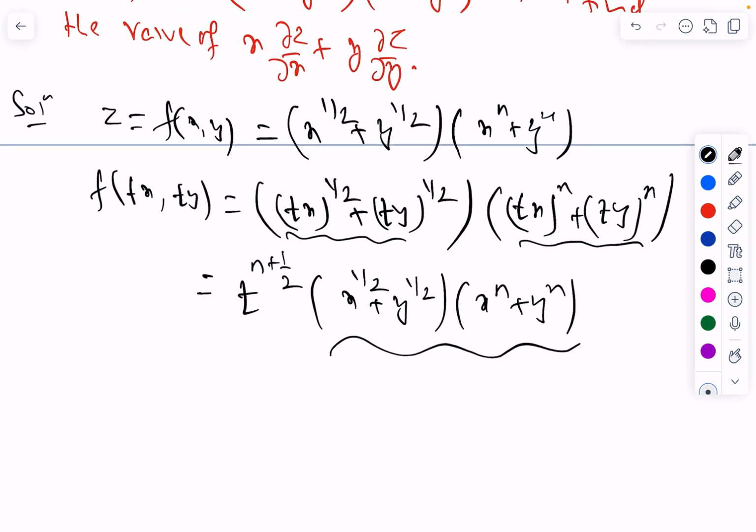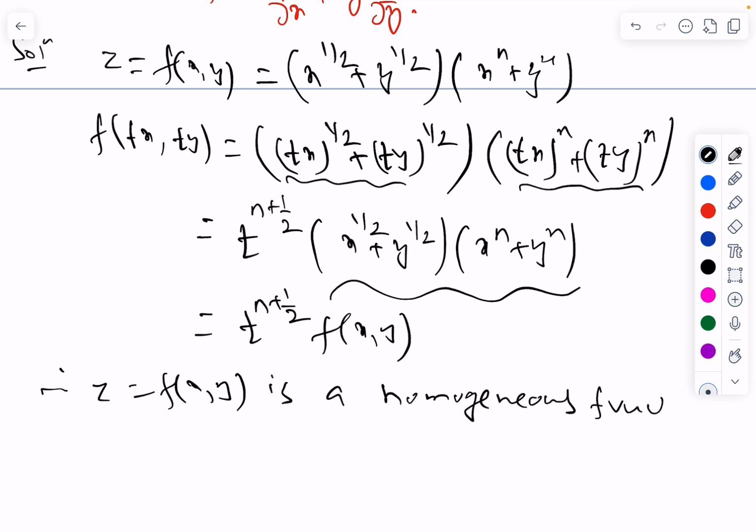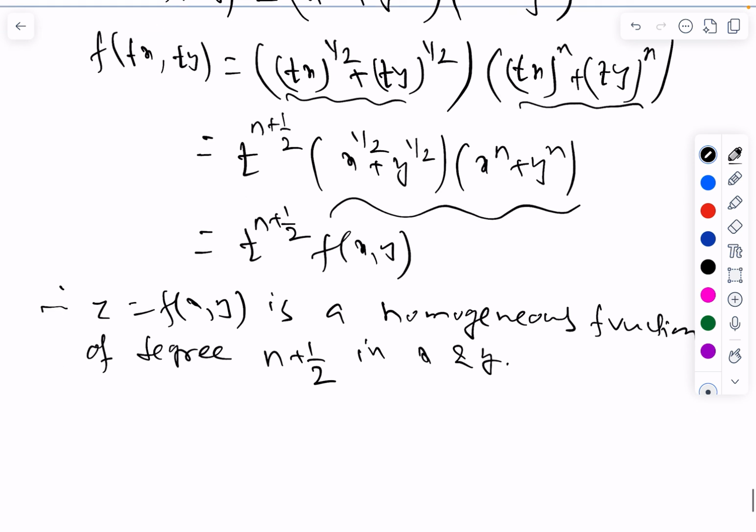And this is f(x,y). So this is t^(n + 1/2) f(x,y). So therefore, z or f(x,y) is a homogeneous function of degree n plus half.